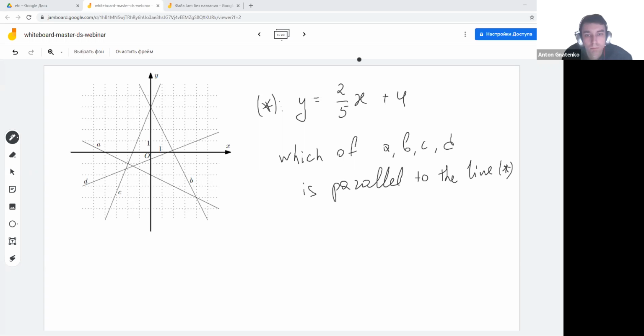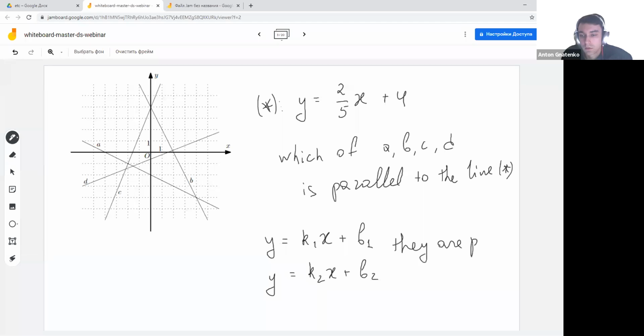Okay, so let's try to find the correct line. If we have 2 lines given by 2 equations, then the general rule is that they are parallel if and only if K1 equals K2.